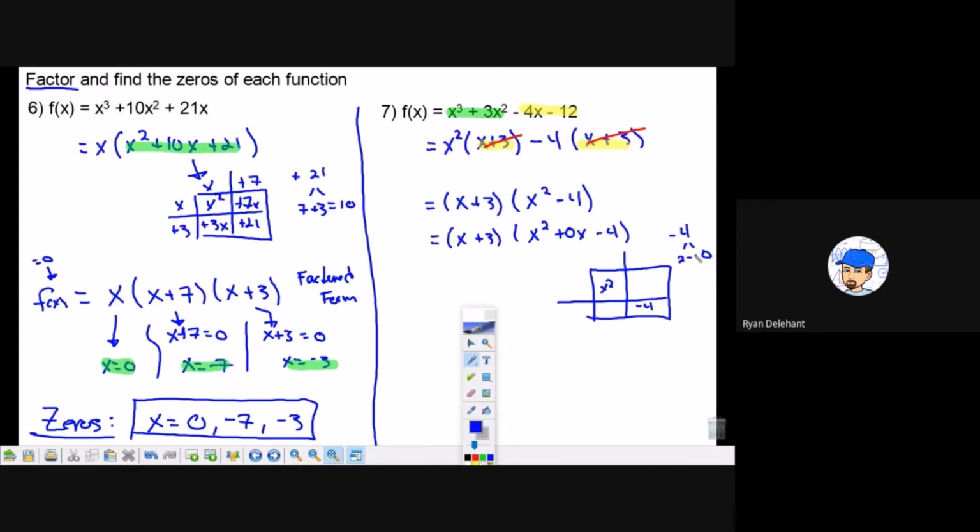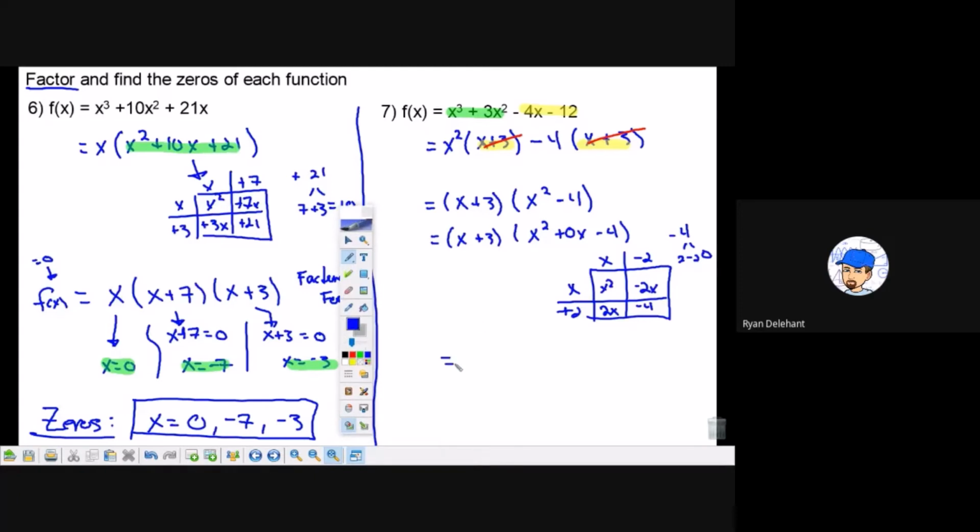That's got to be 2 minus 2, so it's -2x and positive 2x. So we get x minus 2, x plus 2. And this thing factors down to (x plus 3)(x plus 2)(x minus 2). That's its factored form.